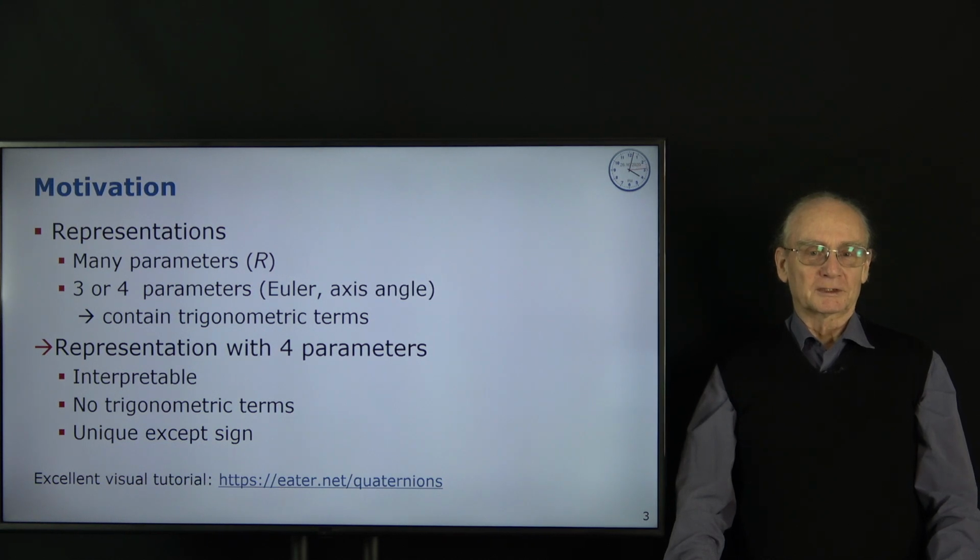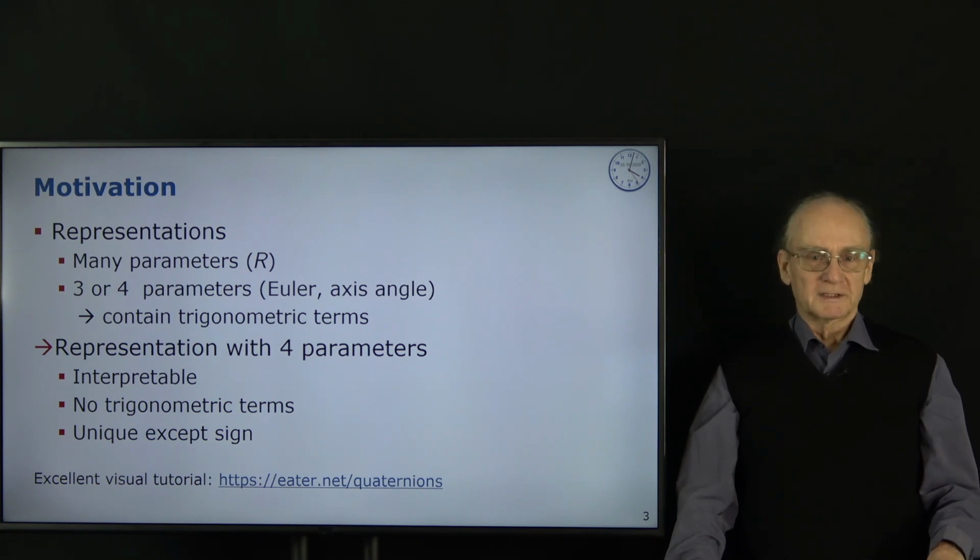We started with rotation matrices. Rotation matrices contain 9 numbers and we have 6 constraints, so we have a highly redundant representation. There are no cosines and sines in it. But the other, less constrained representations, Euler angles or axis and angle, have 3 or 4 parameters, but they contain trigonometric terms.